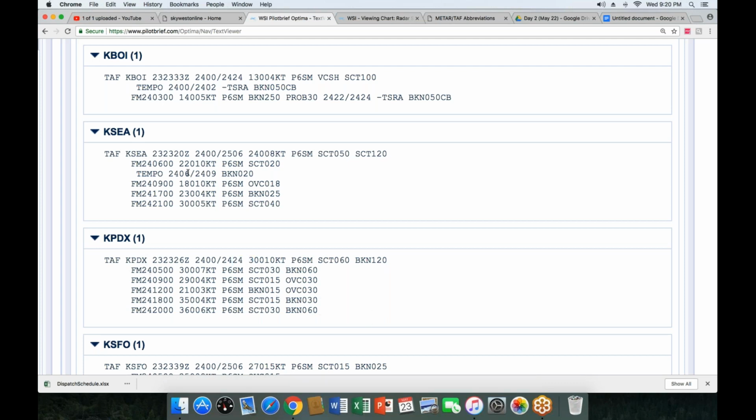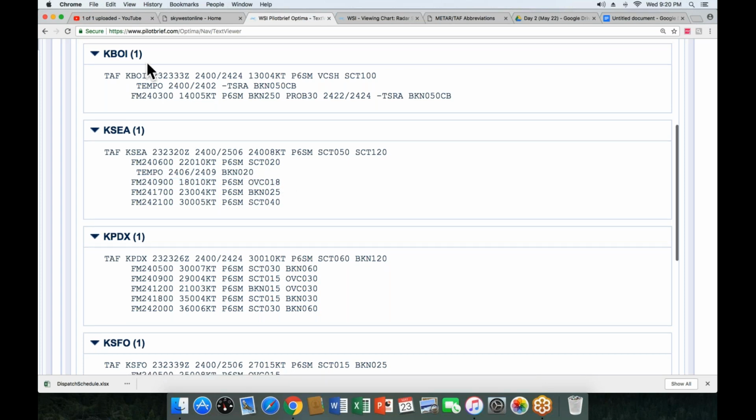So it's the same thing with a tempo here. This tempo is only valid from the 24th at 6Z to the 24th at 9Z. At that point, at 9Z, then this is our valid line. Or, in this case, at 2Z, because this isn't valid until 0300Z, at 2Z, we revert back to this line.